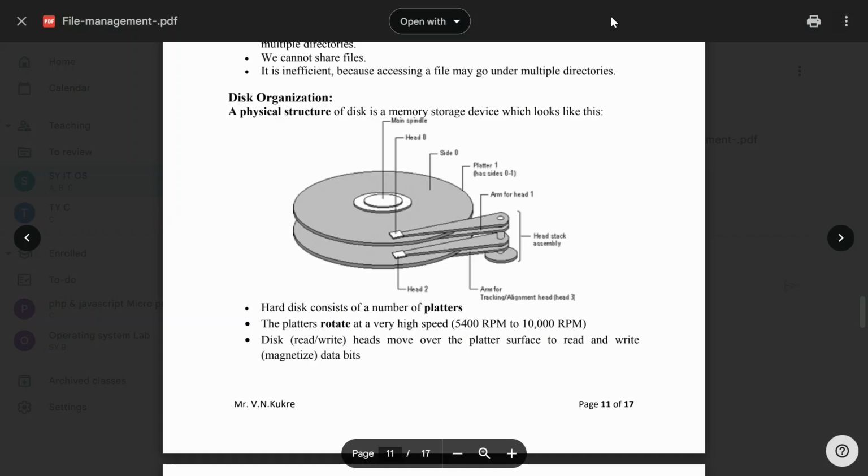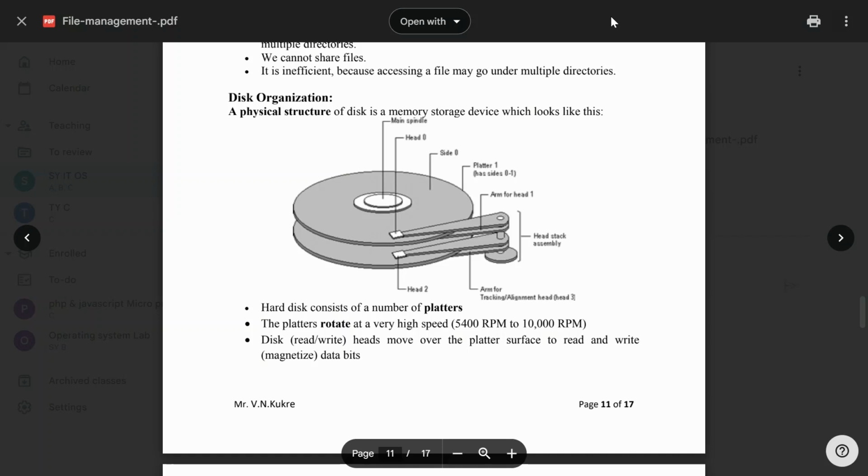The first point is that a hard disk consists of a number of platters. The platters rotate at a very high speed, that is 5400 revolutions per minute to 10,000 rpm. Disk read and write heads move over the platter surface to read and write data bits.